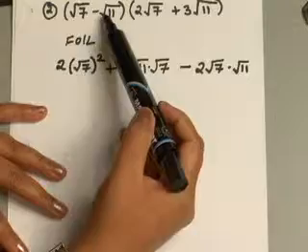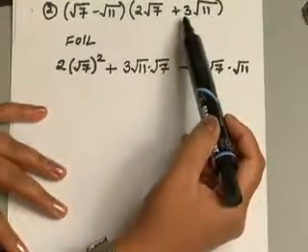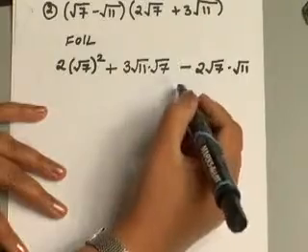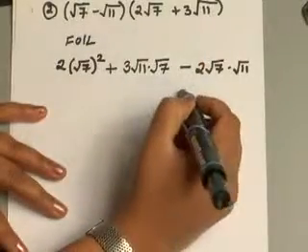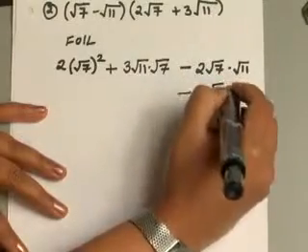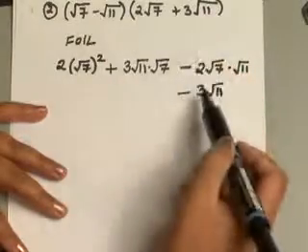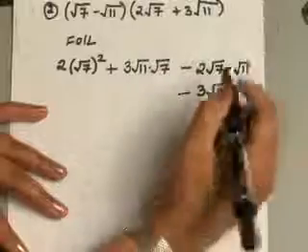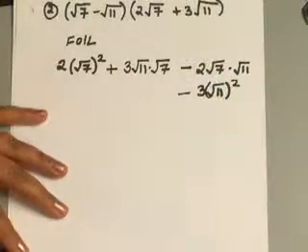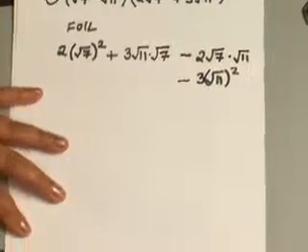Negative square root of 11 times 3 square root of 11, and I'm going to go ahead and write it here on the second line. Positive and negative will of course give us negative 3 times square root of 11 times square root of 11. So again, basically you end up with negative 3 times the square root of 11 squared.